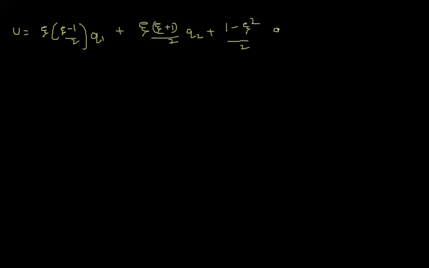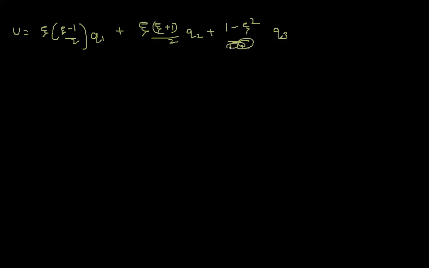It is equal to zeta into zeta minus 1 by 2 times q1, plus zeta into zeta plus 1 by 2 times q2, plus 1 minus zeta square into q3.